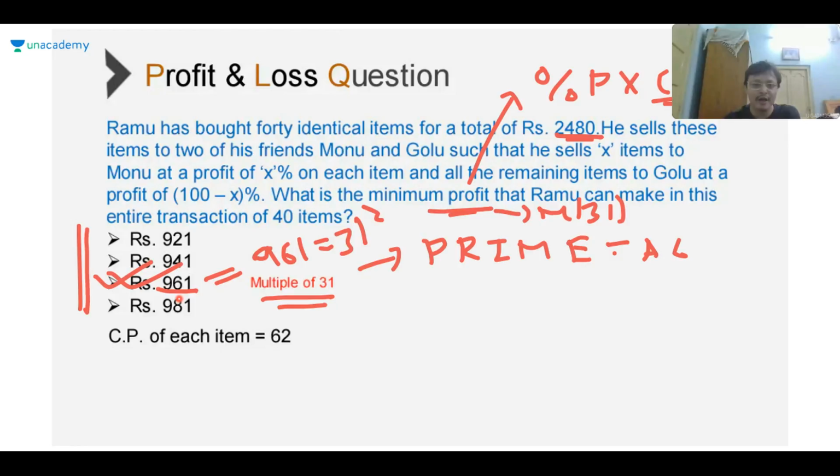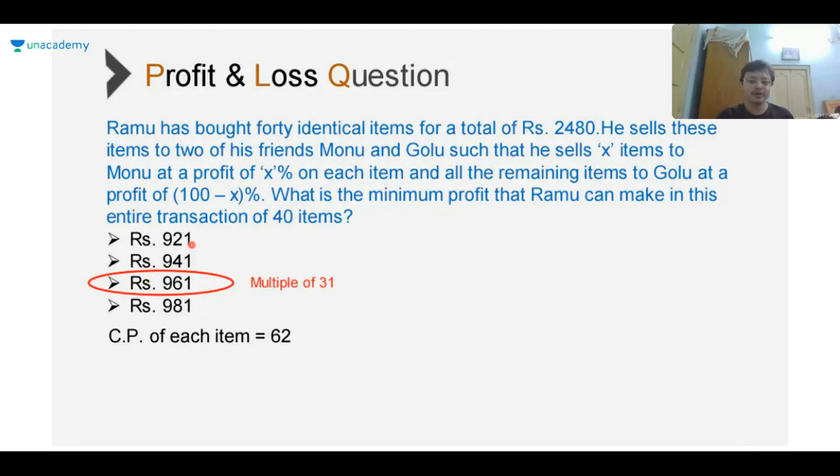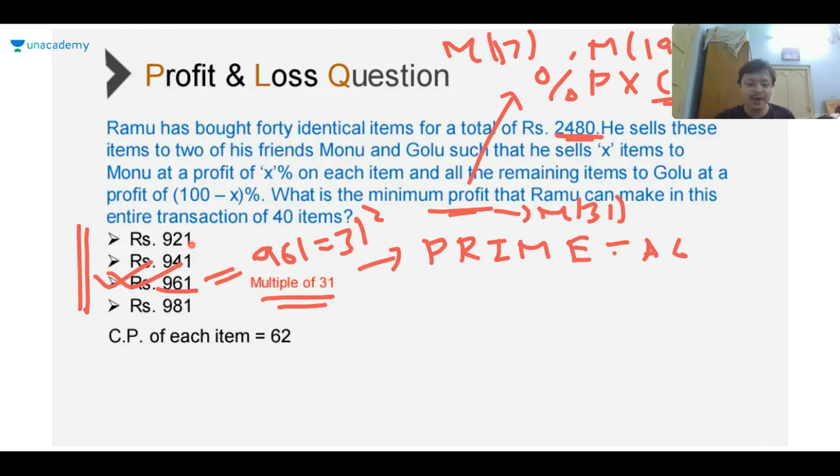Is this clear how we got this 30 seconds approach? Had the prime factor been, let's say 17, then the answer would have been a multiple of 17. Had it been some other prime number like 19, the answer would have been a multiple of 19, and so on. Because remember, 31 into any number will also give you a multiple of 31.